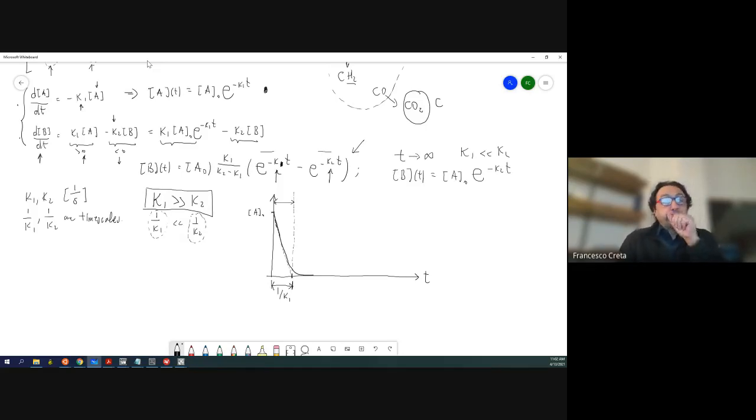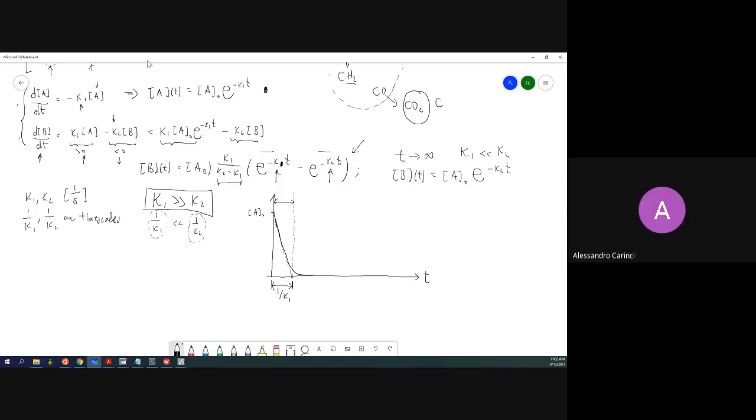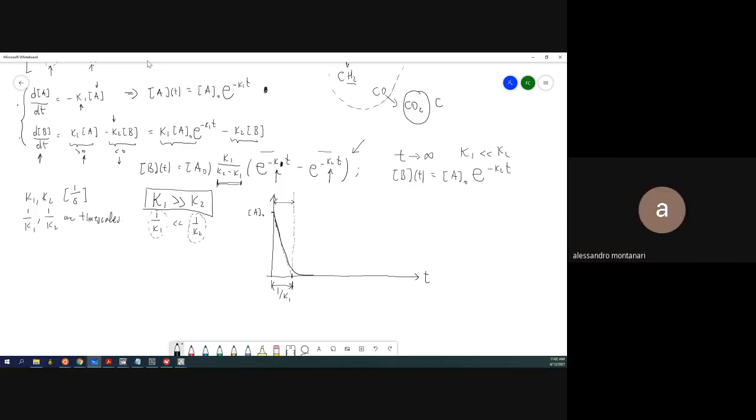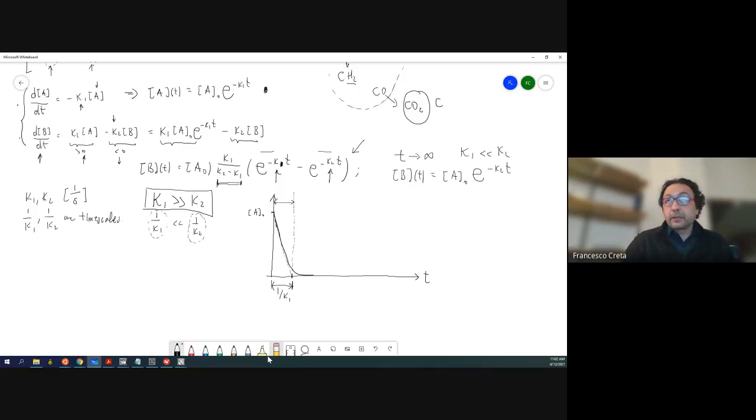Why? Look at this group here. If you look at this term here and you substitute the fact that K1 is much bigger than K2, sorry, it's obviously the opposite.